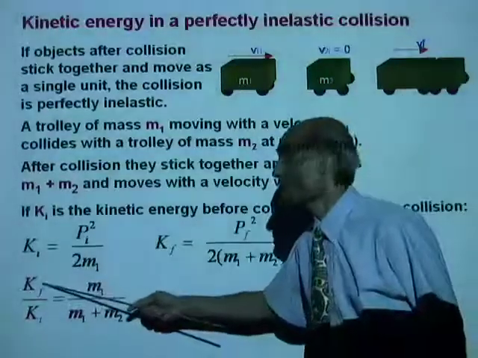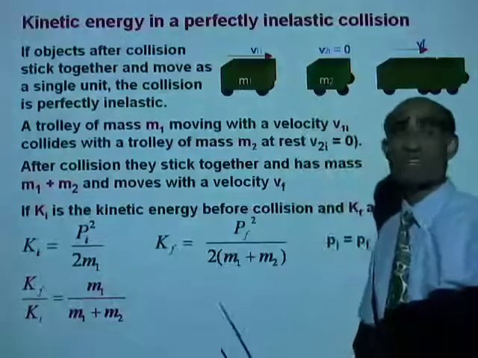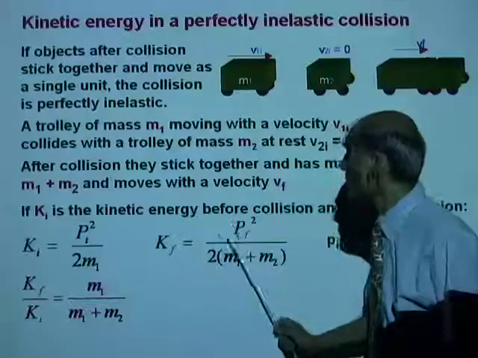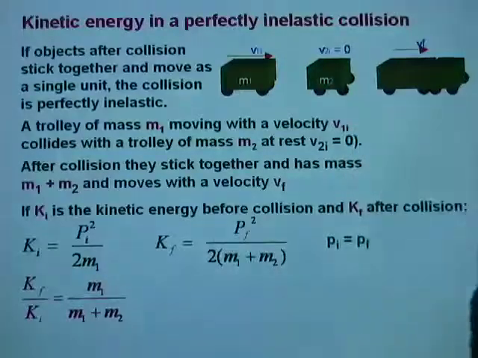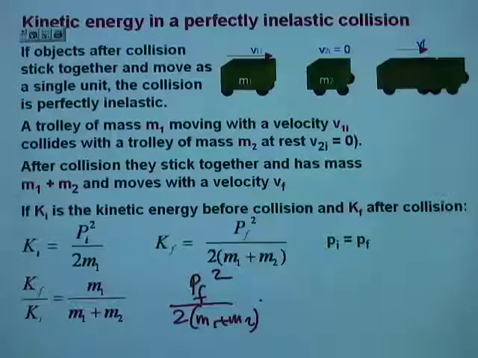Therefore, final kinetic energy divided by the initial kinetic energy, let me write that down for you. It will be Pf squared over 2 times m1 plus m2, times 2m1 over Pi squared.